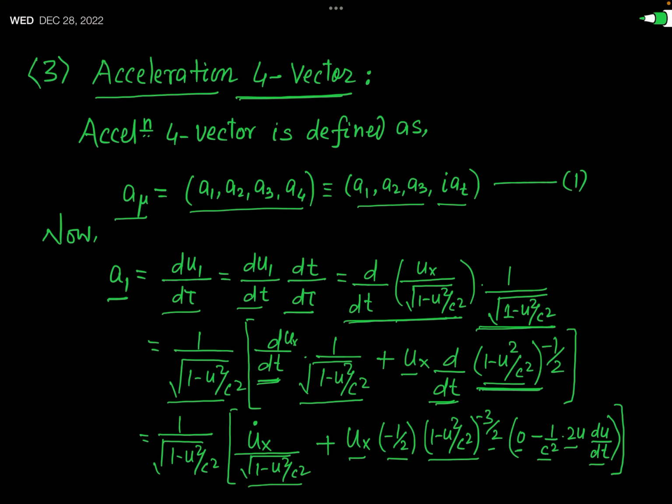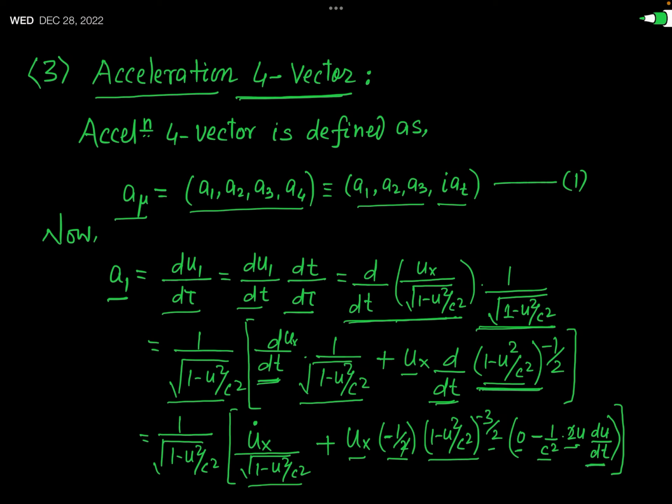Okay. Now see here. This 2 and this 2 will cancel out. Okay, and this minus sign and this minus sign will become plus. Okay, and in the numerator, what is present? You can see this is u, and the du by dt will be written as u dot.